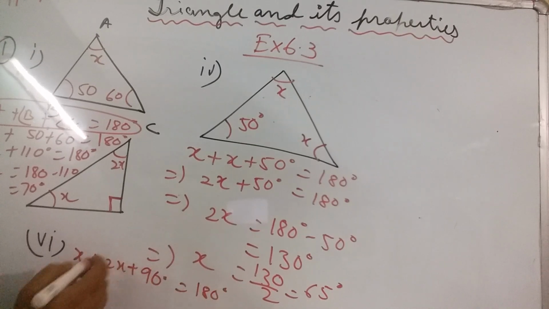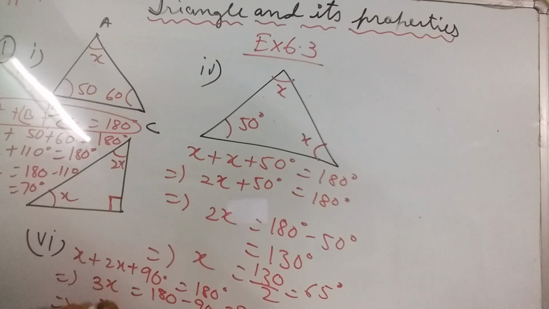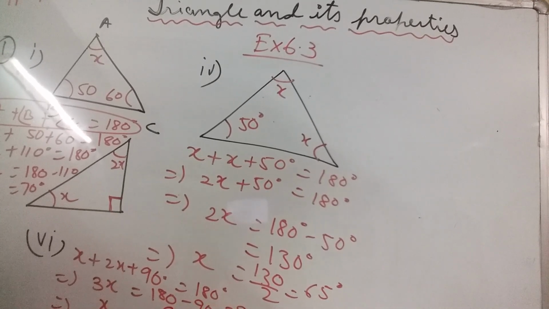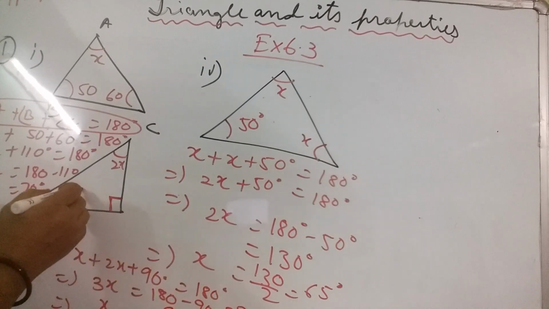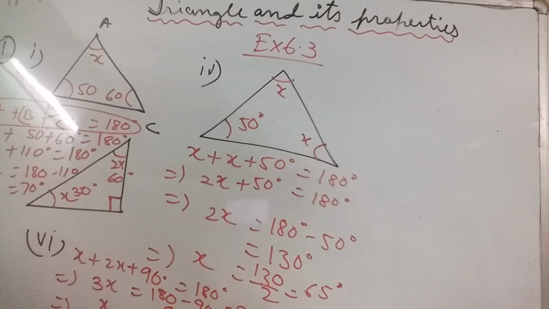So x plus 2x is 3x. 3x equals 180 minus 90, that is 90 degree. So x equals 90 divided by 3, that is 30 degree. So 2x will be equal to 60 degree.